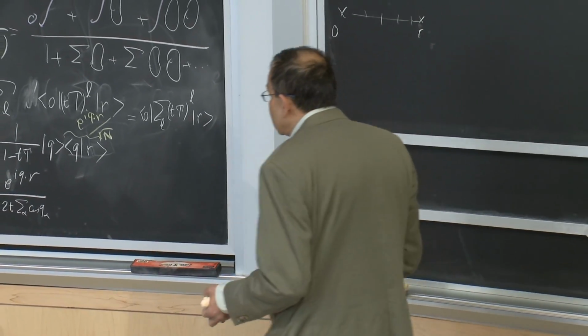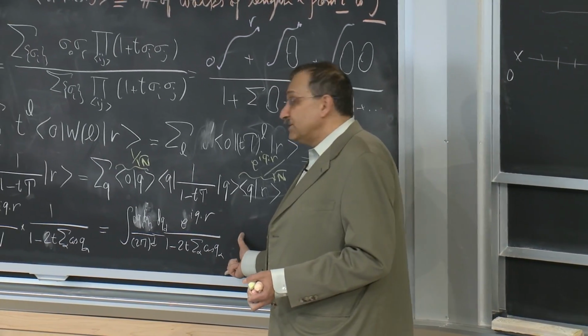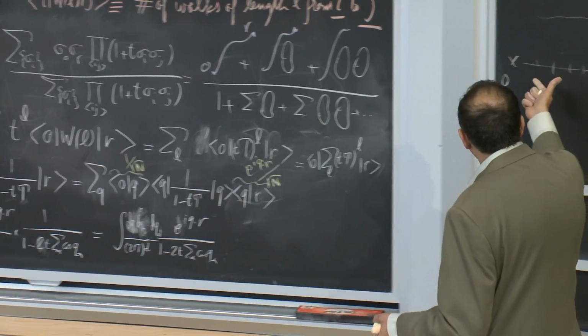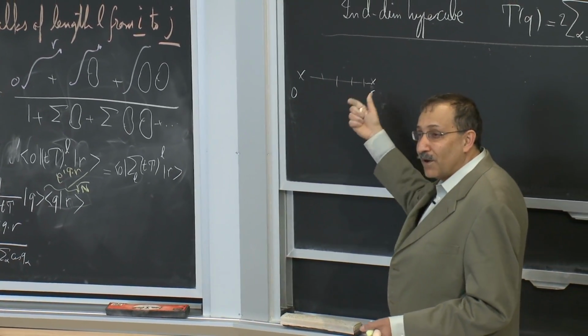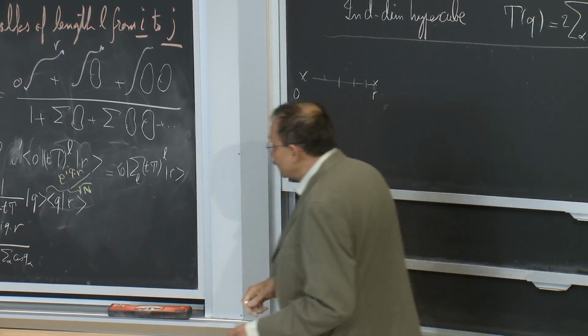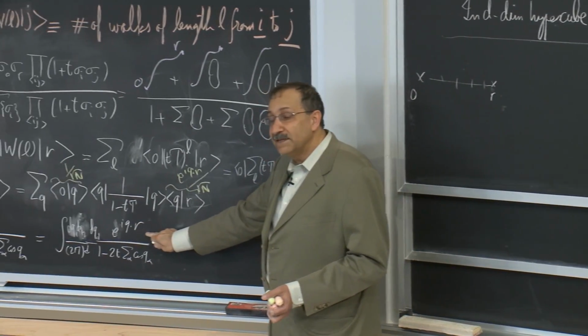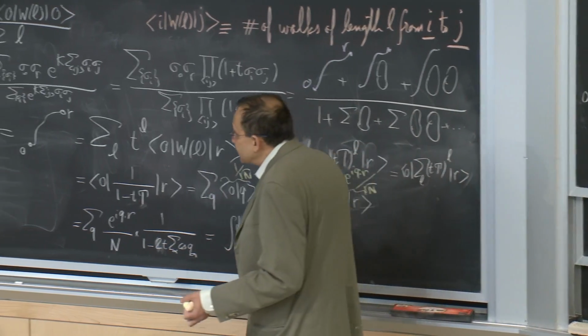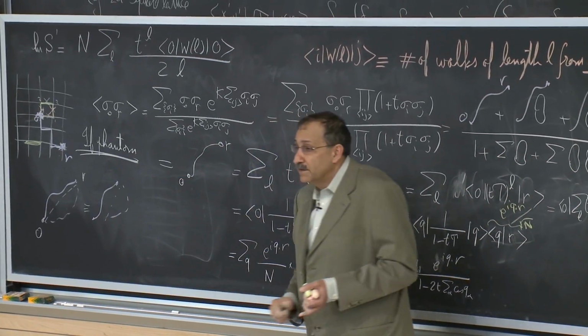So essentially, the mathematical procedure over here is to bring in sufficient factors of e to the minus i q dot r to eliminate that, and the number of ways that you're going to do that is precisely another way of capturing this entity.